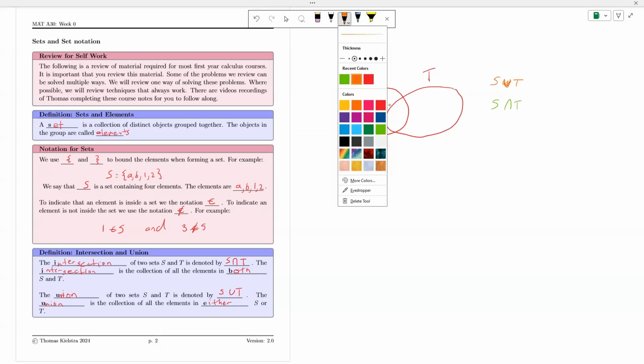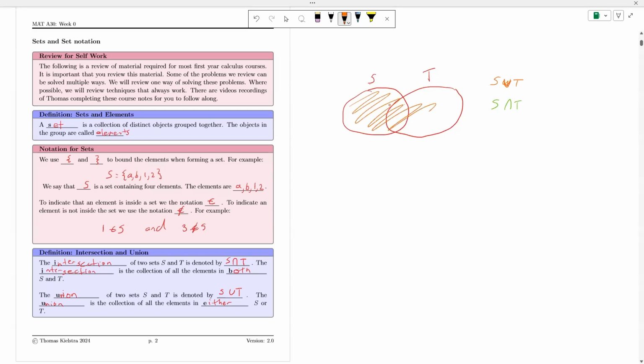S union T is anything that is in either set, whereas S intersect T is in the intersection of both sets.